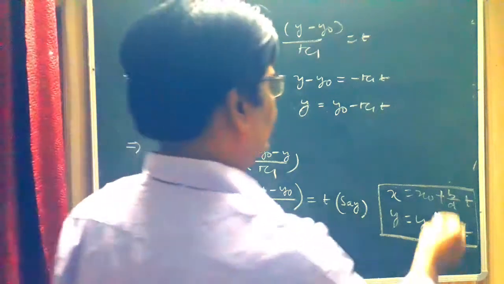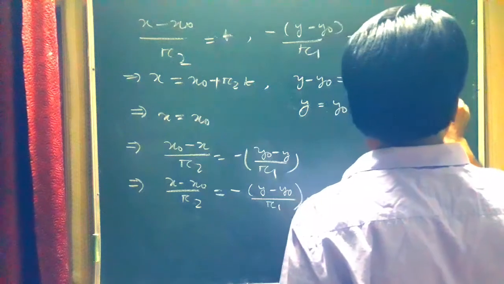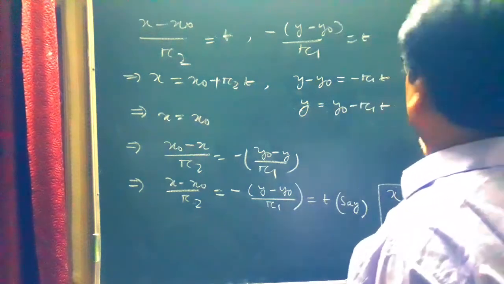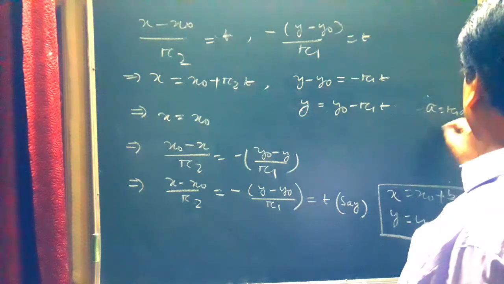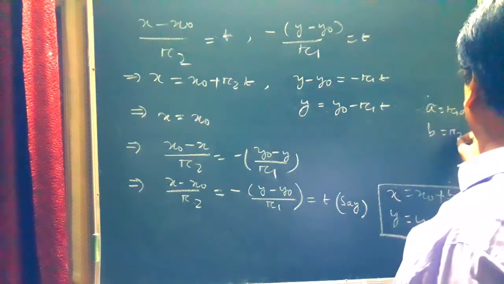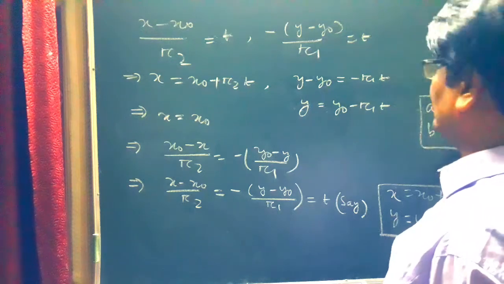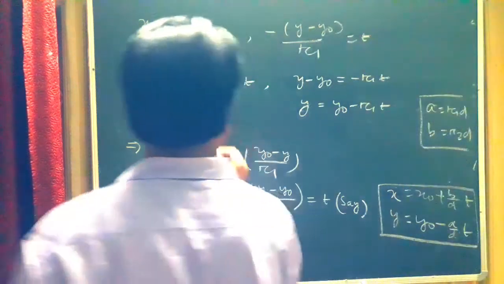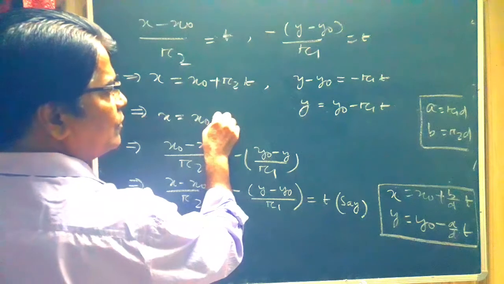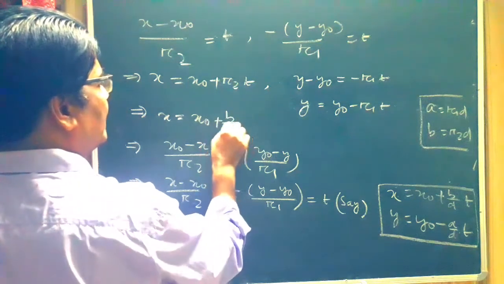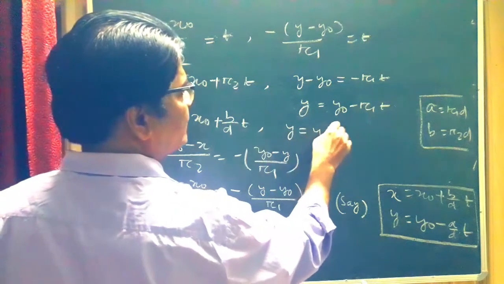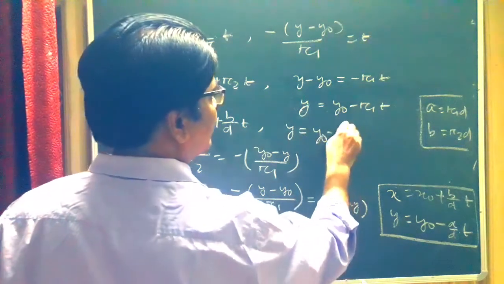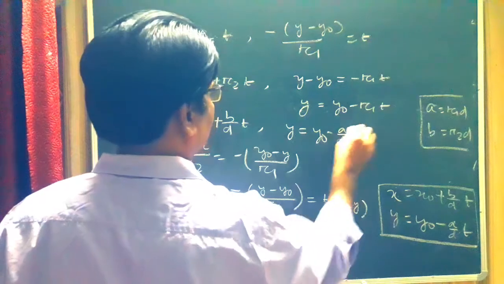But we have taken a = r1d, b = r2d, so r2 will be b/d, and r1 means a/d.